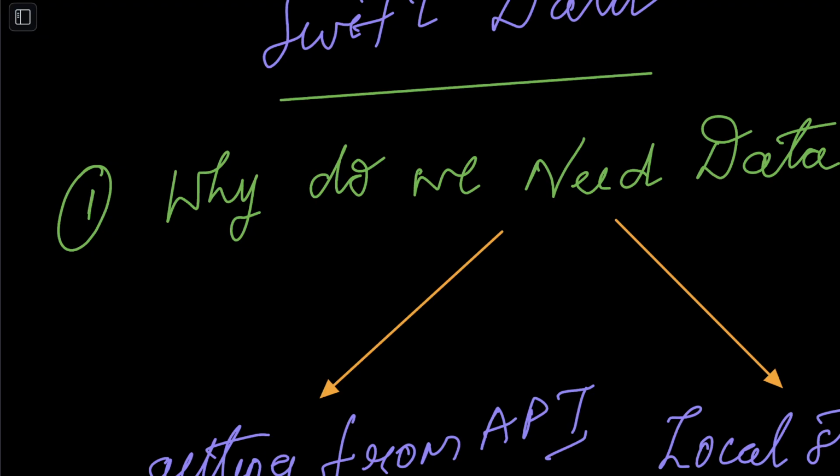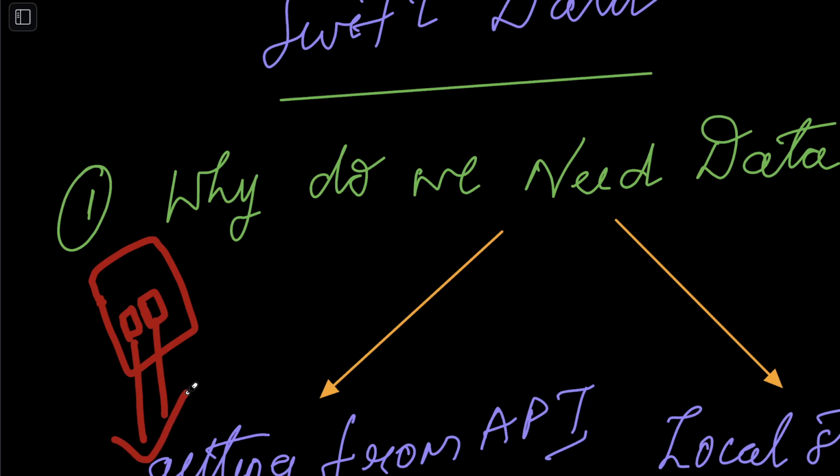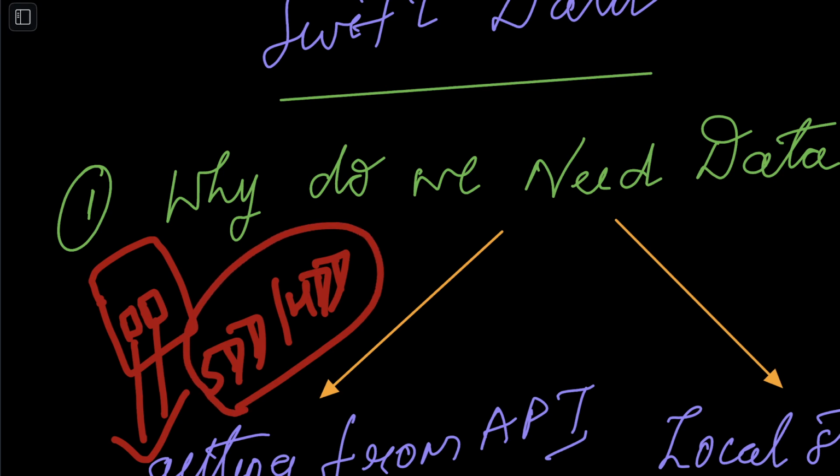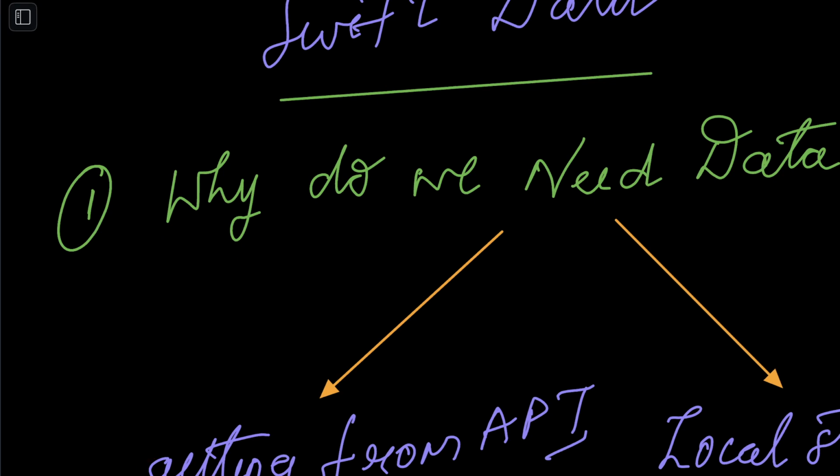Then the second thing that comes is local storage, right? When we say local storage, if this is our mobile, every mobile will have some sort of drive. This is not the RAM, this is the external HDD. For example, our camera roll gets stored in DCIM, right?